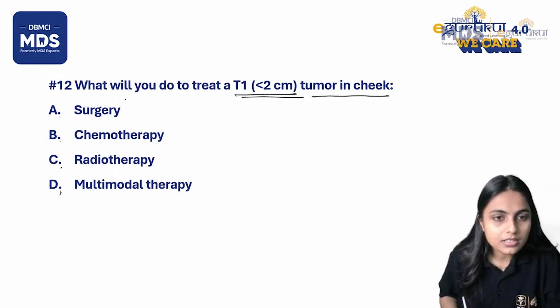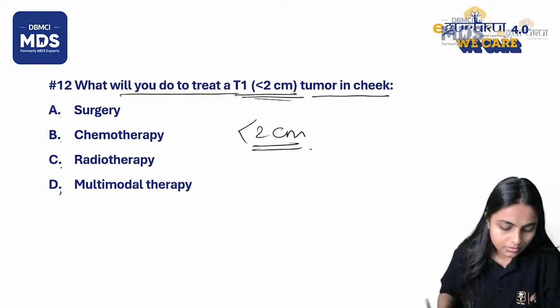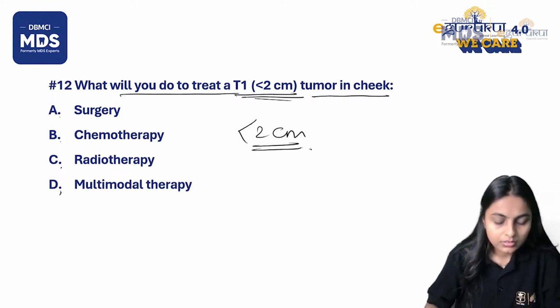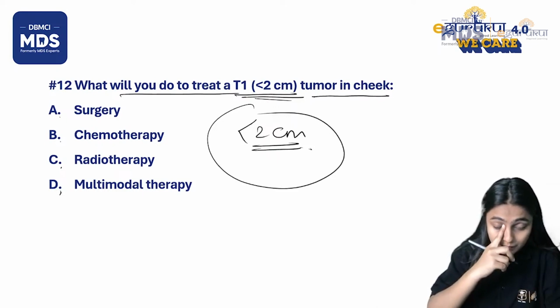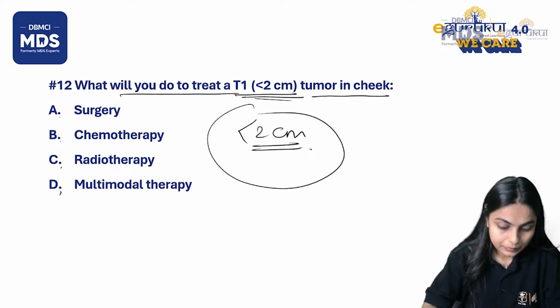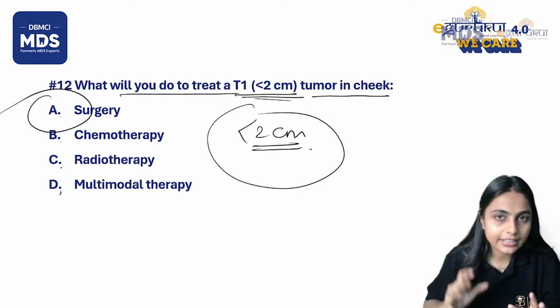What should be the answer here? When the tumor is less than 2 centimeters, it can be treated with, yeah, correct, surgery. Option A, surgery, is the correct answer.